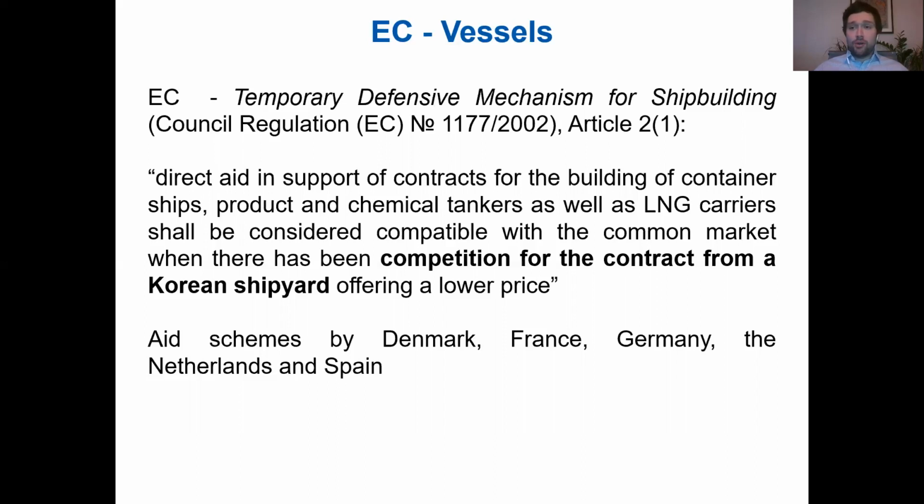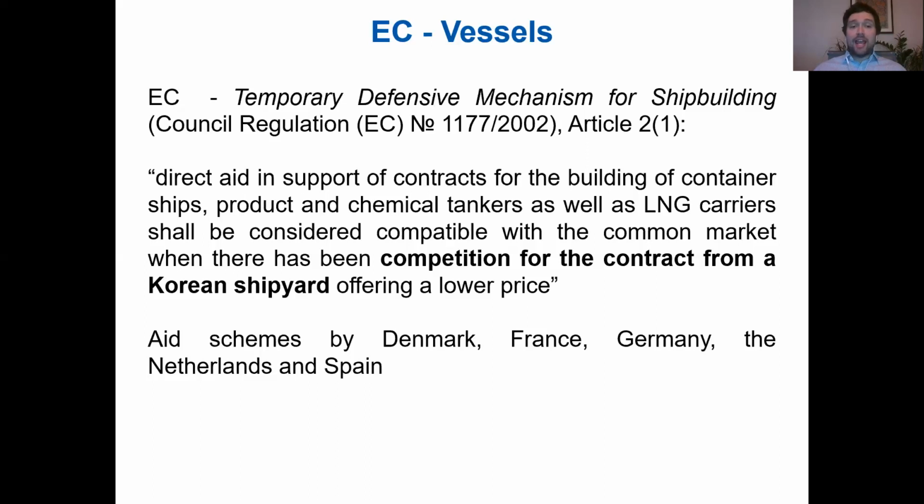They provided for a mechanism with direct aid, so subsidies, state aid. It's the European euphemism for subsidies, actually. State aid in support of contracts for the building of container ships, product and chemical tankers, as well as liquefied natural gas carriers.